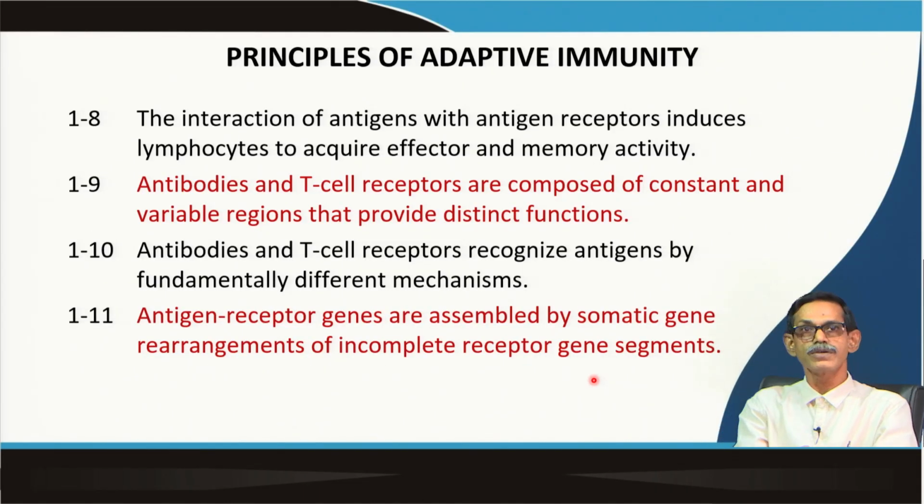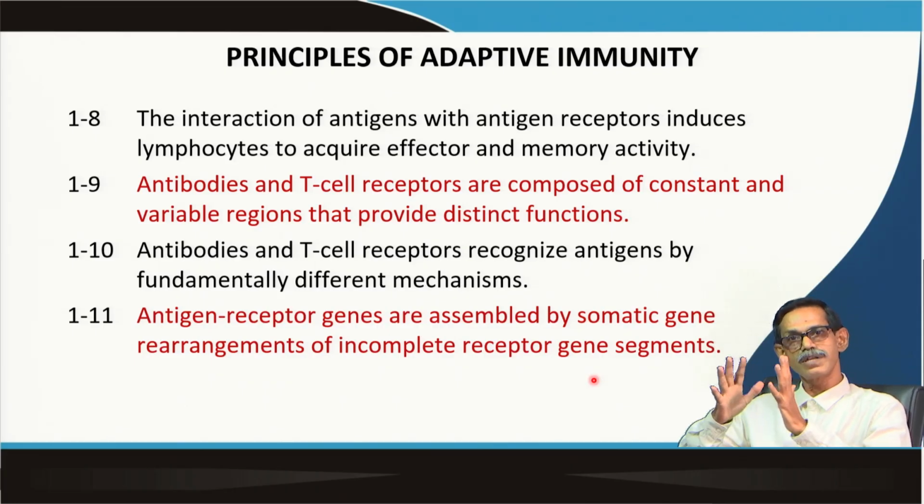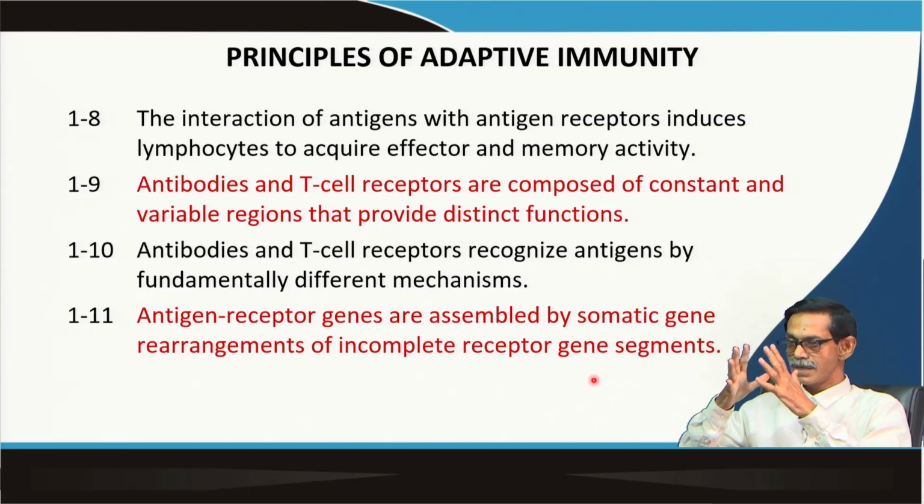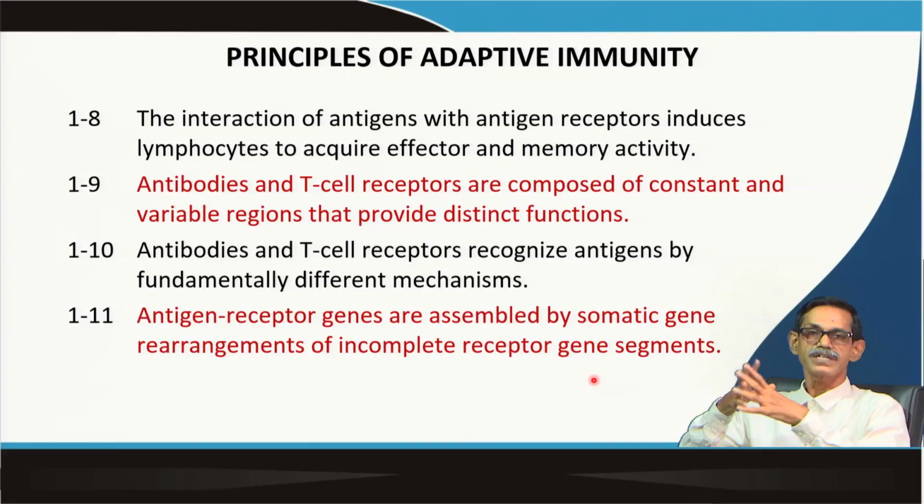Now we are going to talk about the outline of the adaptive immunity. What is adaptive immunity? We already said that when some pathogen invades the tissue or infects us, innate immunity initially tries to combat the infection or the attack.